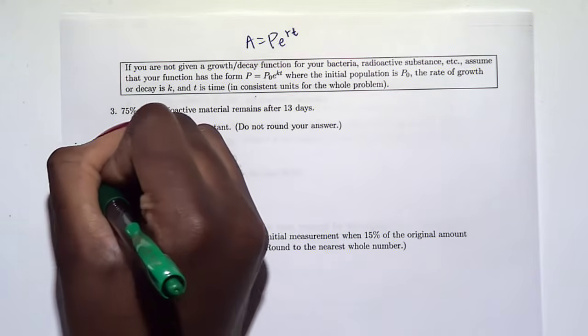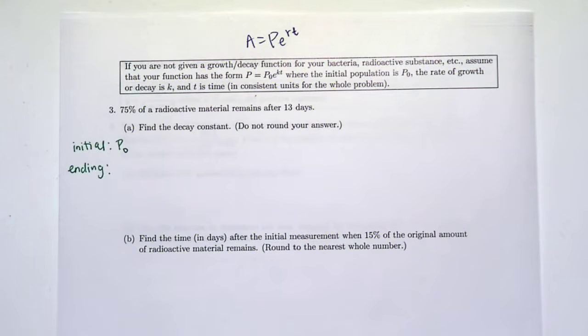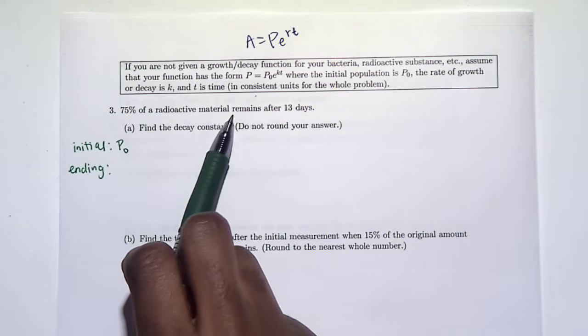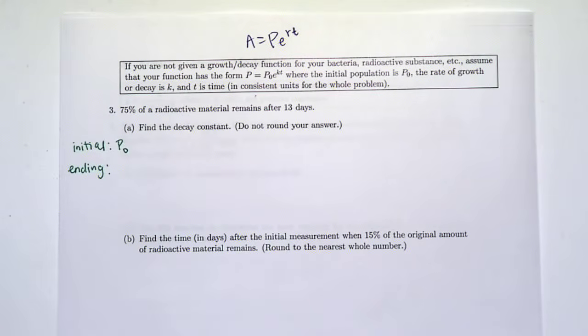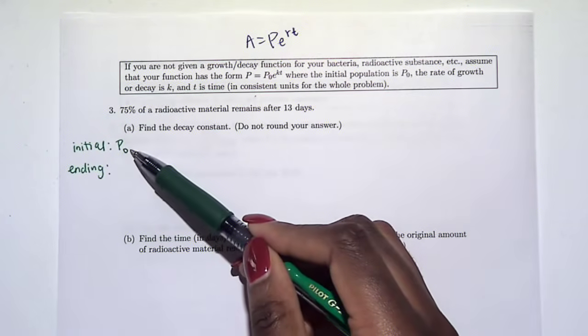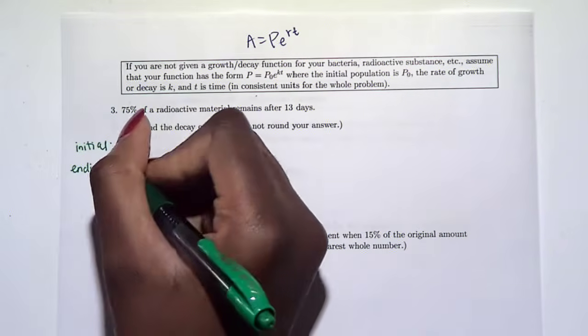All right, what about the ending amount of radioactive material? Does the question tell us anything about the ending amount? Well, it says that 75% remains. Okay, so what is that saying? 75% of what? It's 75% of what we started with. So our ending amount is going to be 75% of our initial amount.